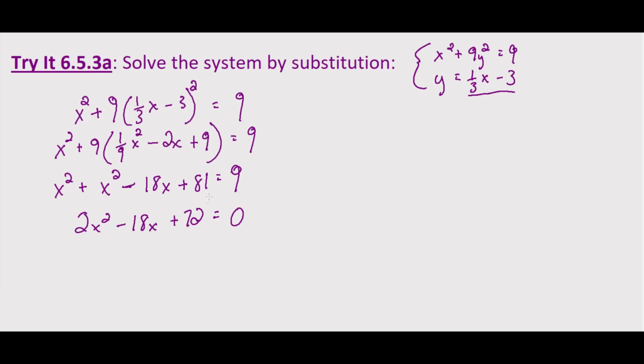And that's going to equal 0. We subtracted 9 from both sides. So now these all have a common factor of 2. Factoring out that 2 and then dividing both sides by 2, we get x squared minus 18 divided by 2 is 9x. 72 divided by 2 is 36.